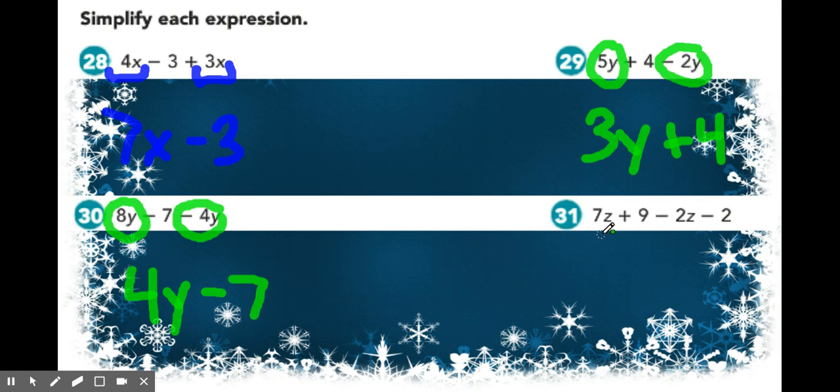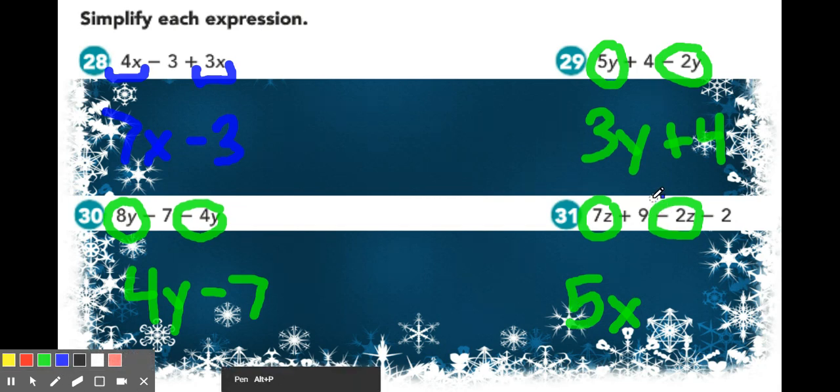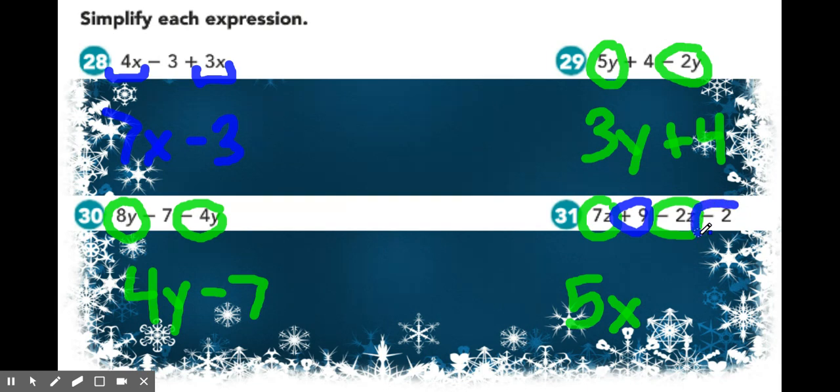Lastly, I have a 7z, and I notice I have another z to the power of 1 here, and I keep the sign in front. So I have 7z minus 2z, which gives me 5z. Here I have a constant of 9 and a constant of negative 2.